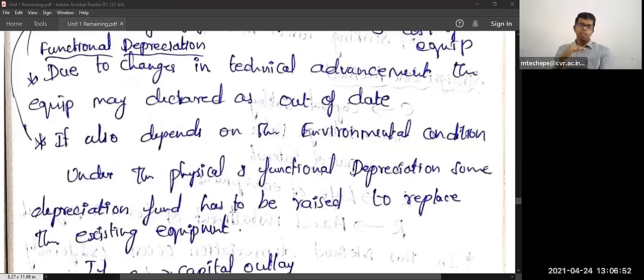Some equipment will misbehave, stop operating and fail. In that scenario, you need to replace it near the seashores. So you need to raise some depreciation cost beforehand, some 40% or 30%. You have to raise that fund and keep it ready, so that you can easily replace that equipment.